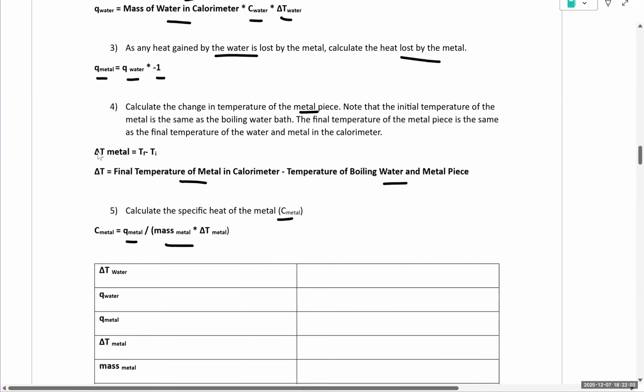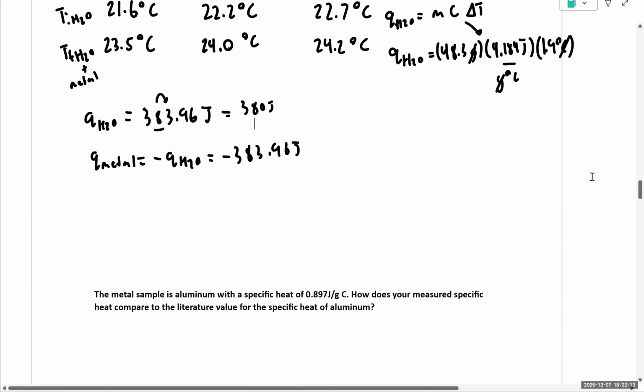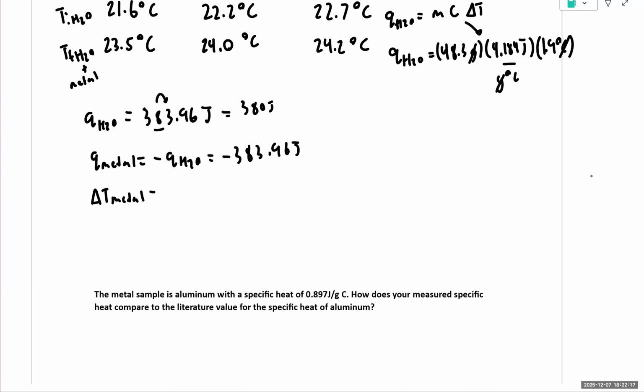Okay, so we calculated the Q metal, which is negative Q water. We're now going to calculate the delta T metal, which is the final temperature of the metal in the calorimeter minus the temperature of the boiling water and metal piece. So we have delta T metal, which is equal to T final minus T initial. The final temperature of the water and metal for trial 1 is 23.5 degrees Celsius. We got that from up here.